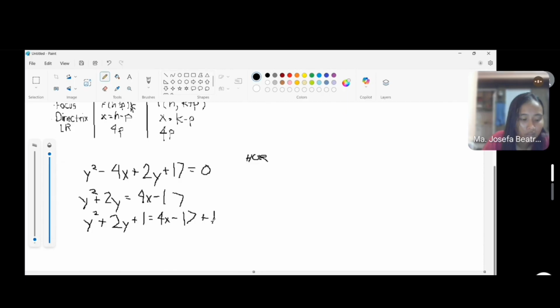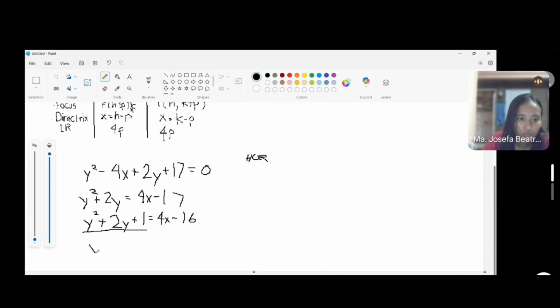So that would be 4x minus 17 plus 1. Okay, now let's perform our necessary operations. So negative 17 plus 1, different signs. So we'll subtract them and then copy the sign of the larger number. So that will be negative 16.